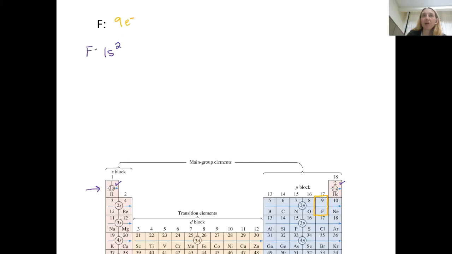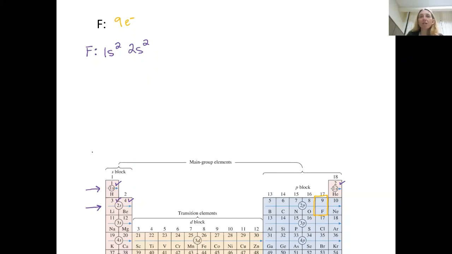I'm going to draw my F right there. So very first, I'm building up. I have fluorine. I go 1s2, and there's 2 electrons. Then I go to the next line, and this next line is the 2s orbital. I have 1, 2 boxes in that, so I put 2.